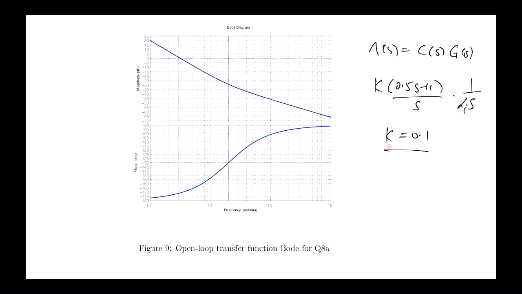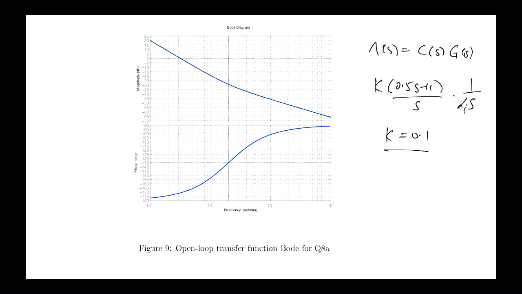You can see with a gain of 0.1, we're getting a very small phase margin. And as we've seen, with a small phase margin you'll get peaks in the sensitivity function at around the crossover frequency. The consequence of peaks in the sensitivity function is that when we put in step inputs, we get lots of oscillations in the response as we reach steady state.